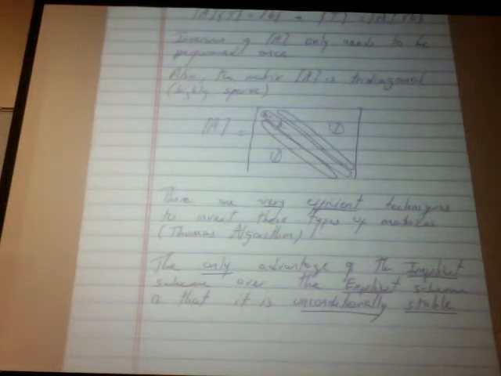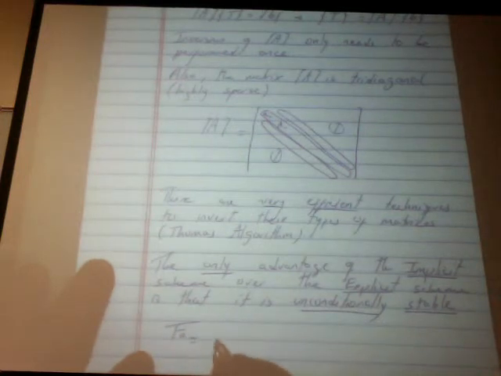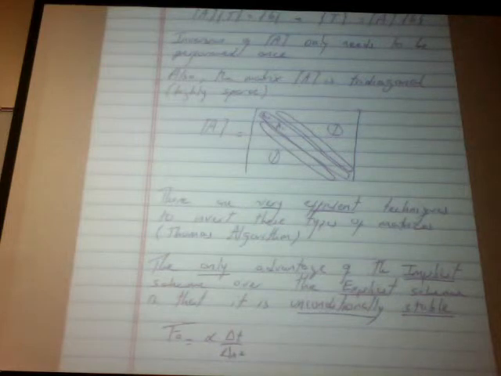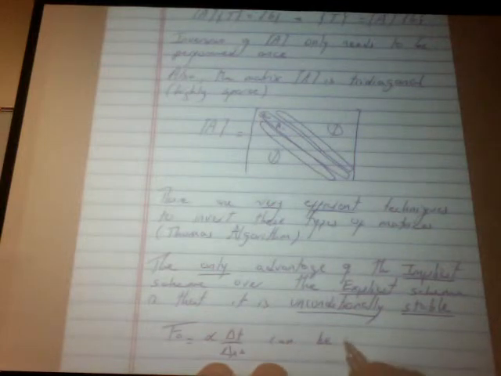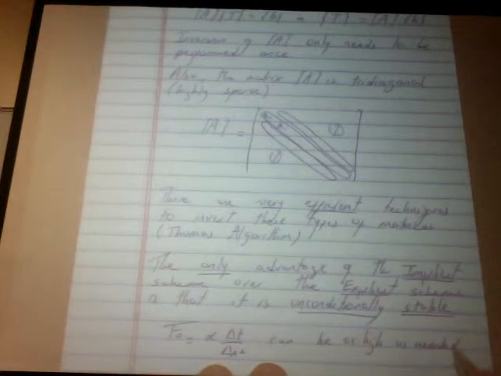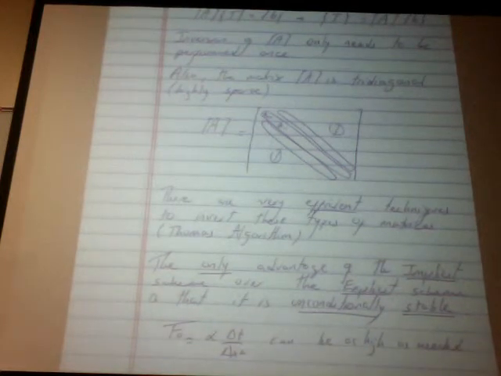Remember the Fourier number? Alpha delta t over delta x squared. The delta x is what really controls the size of the Fourier number.